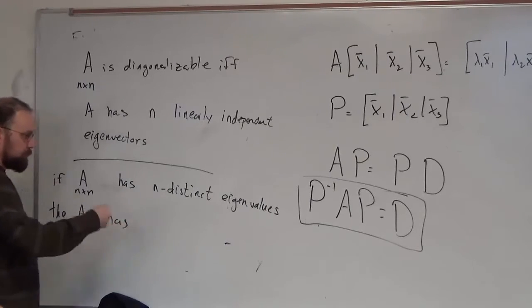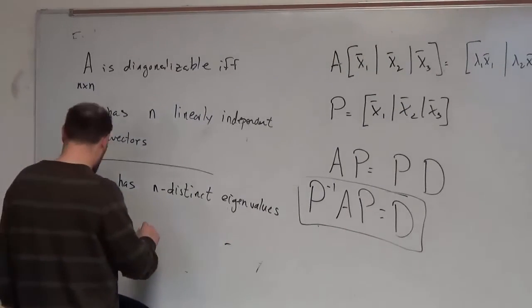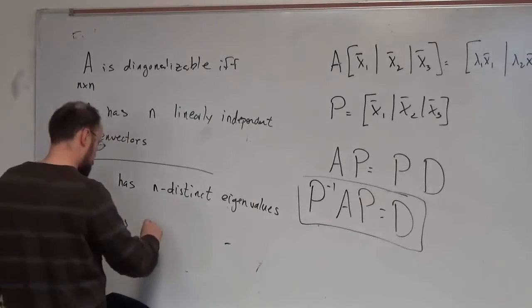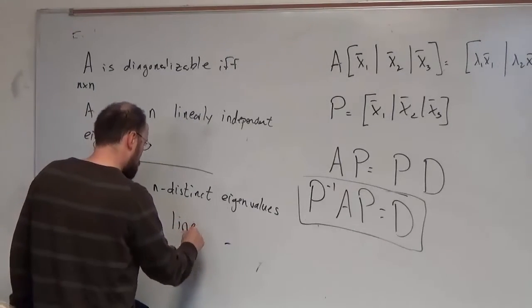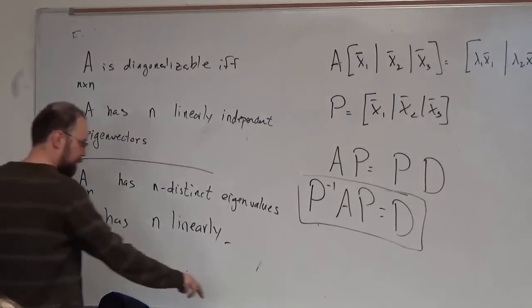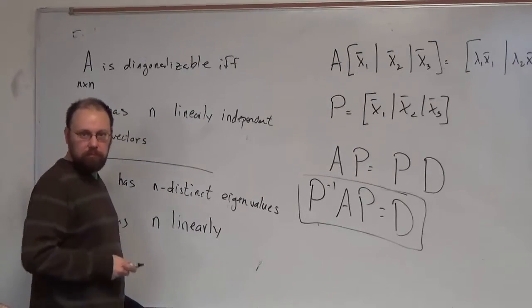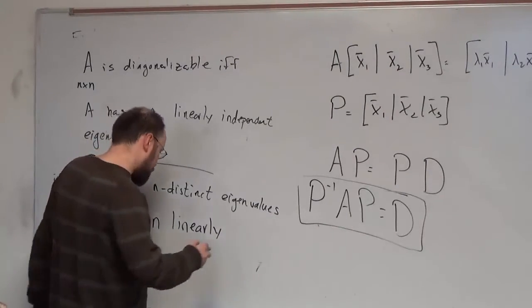As many, right? Because with all distinct eigenvalues, you have linearly independent eigenvectors. So a matrix with all distinct eigenvalues is necessarily diagonalizable.